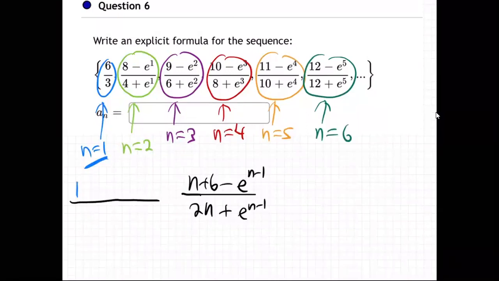Plug in a 1 for n in those 4 places: here, here, here, and here. I plugged a 1 into our formula, right?